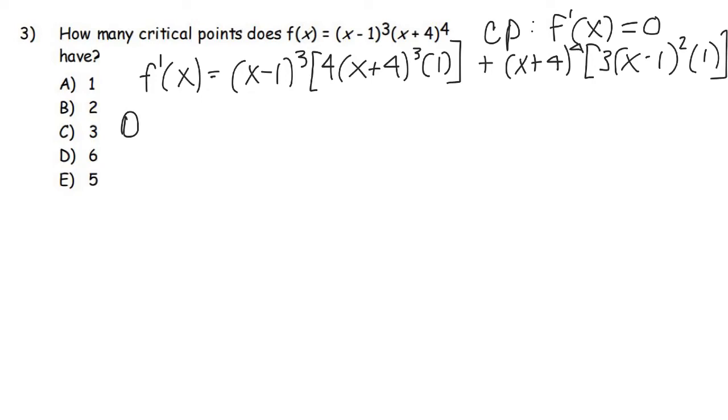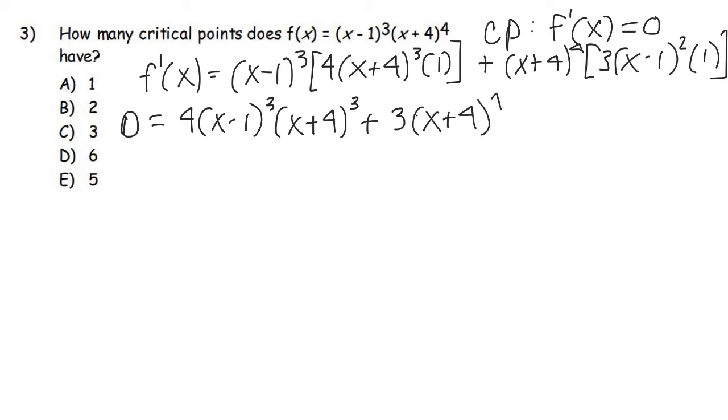So I'm going to set this equal to 0, of course, to find our critical point. And really rearranging here, I have 4 times x minus 1 cubed times x plus 4 to the third, plus, and again simplifying a lot of this other stuff, I'm going to have 3 times x plus 4 to the fourth times x minus 1 squared.